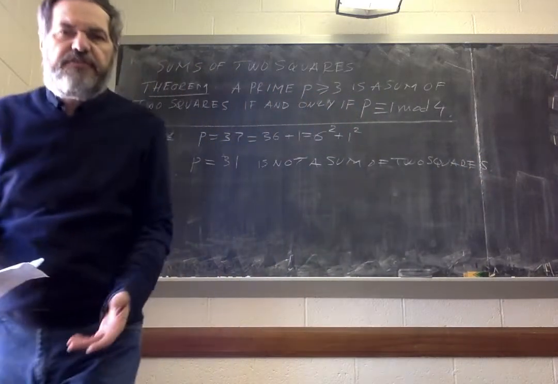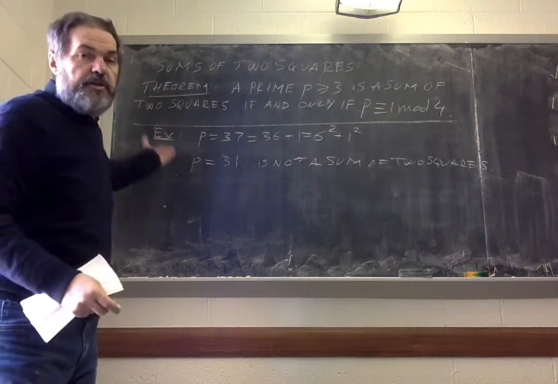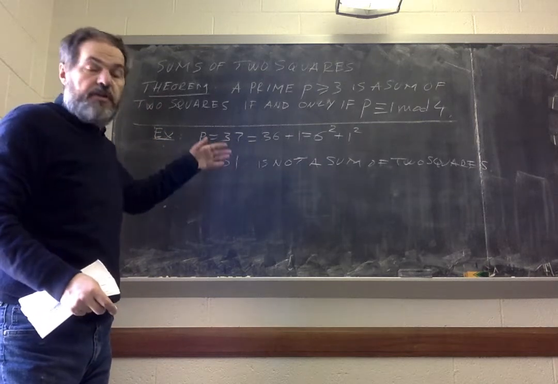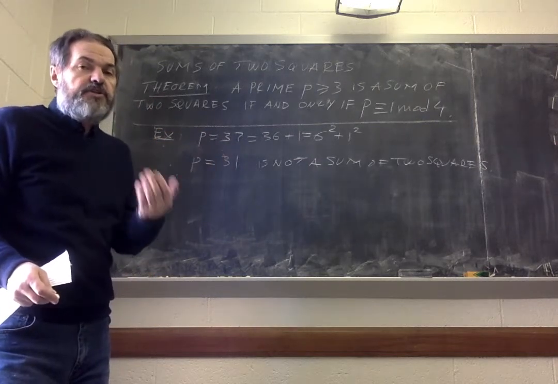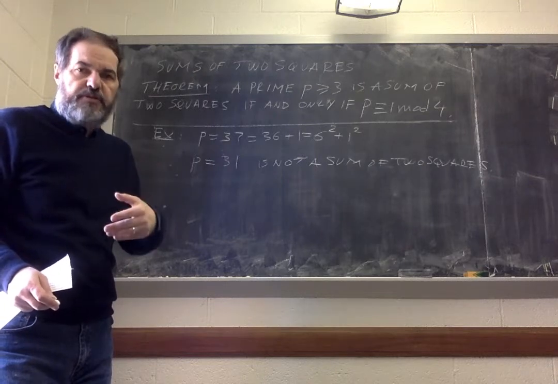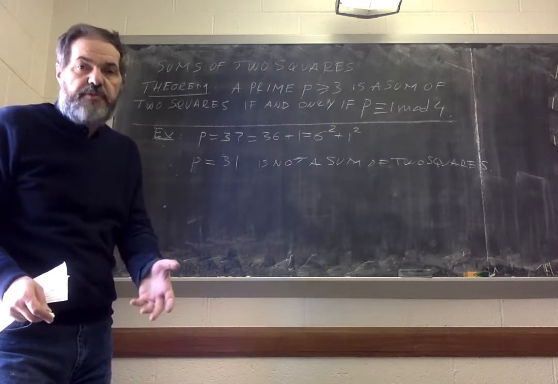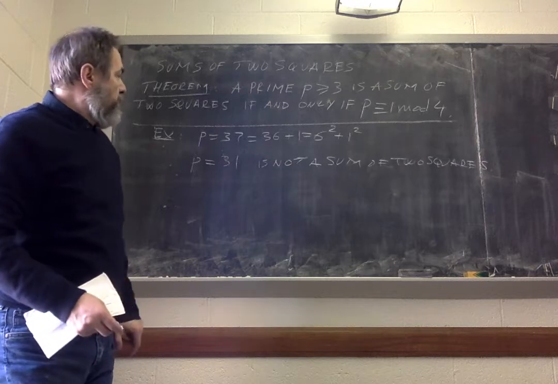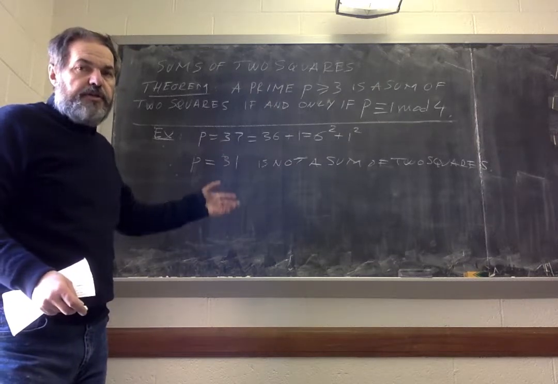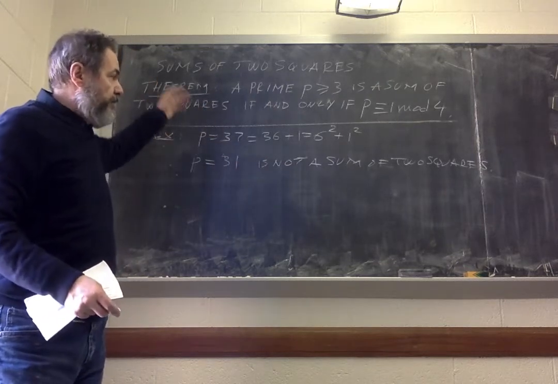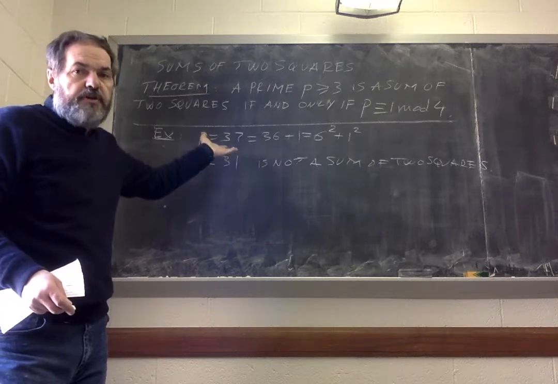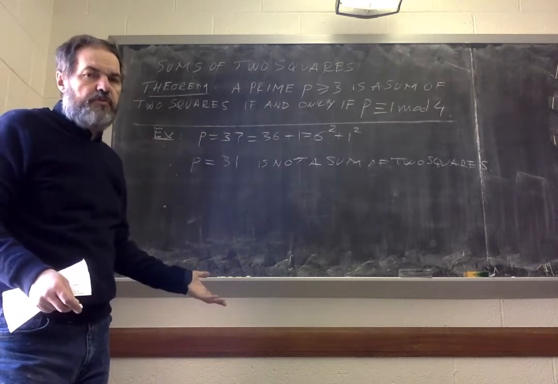So a question like this is very easy to answer, even if a number is very large. If the problem tells me that the number is a prime number, then it's very easy to check. I use this criterion. Check if the number is congruent to 1 mod 4 or 3 mod 4.